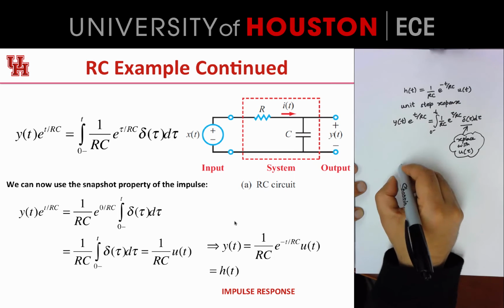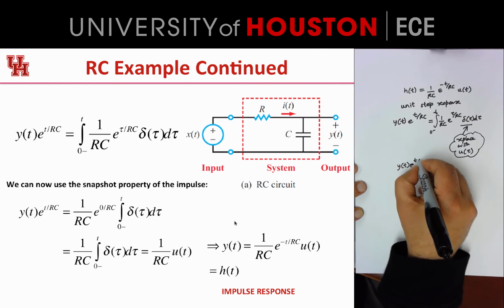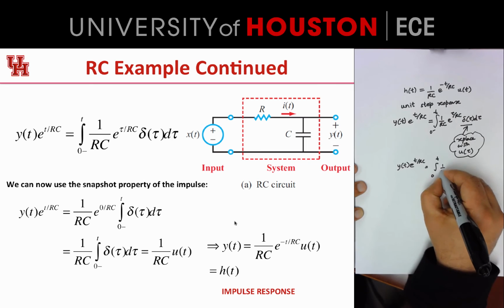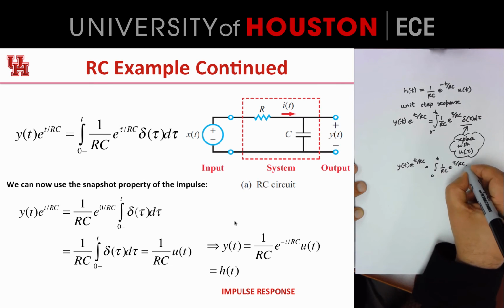So let's do that. We get y of t e to the t over RC equals the integral of 1 over RC e to the tau over RC u of tau d tau.